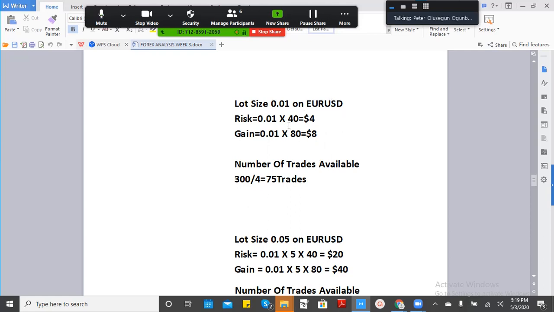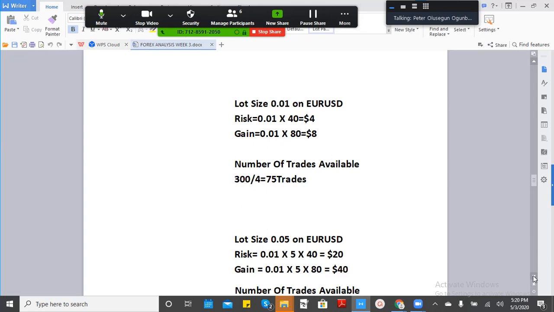Now, if you trade like this, how many trades can you place before you lose all your money, in case somebody is losing? Based on your risk, your $300 over $4, you can still push like 75 trades. You can do 75 trades like that.